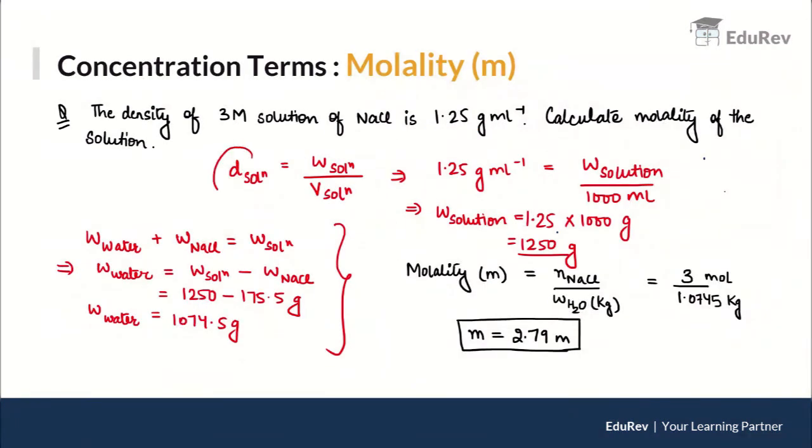Now, density of solution is given, which is equal to weight of solution divided by volume of solution. It is given as 1.25 gram per ml, so that will be equal to weight of solution divided by 1000 ml. This we got from the molarity, right?